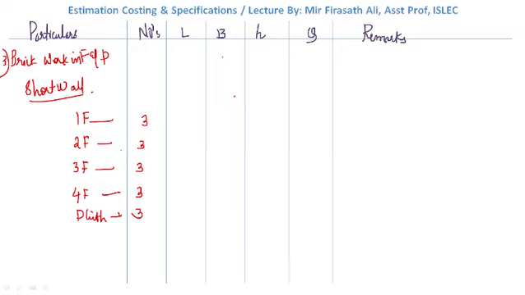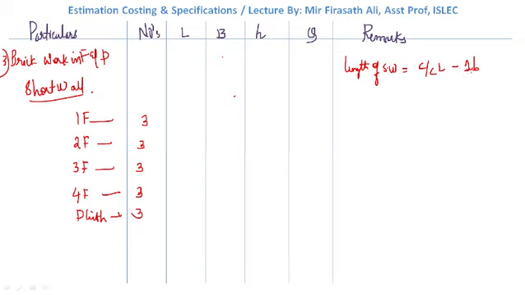Again, length. What is the formula? Length of short wall is equal to center to center length minus 1 breadth. So look over here.